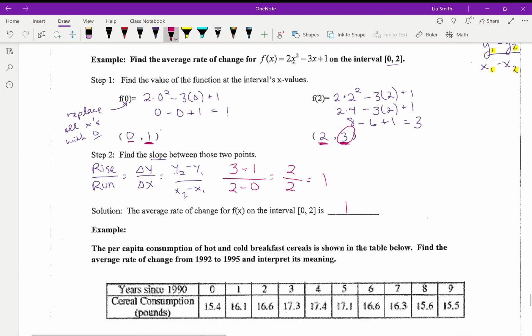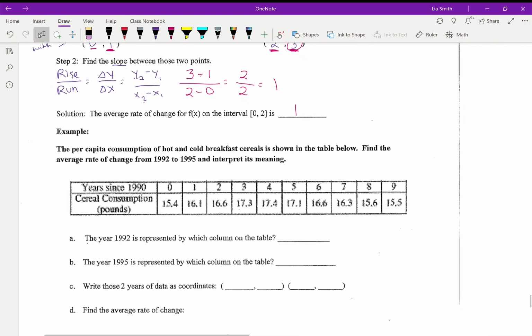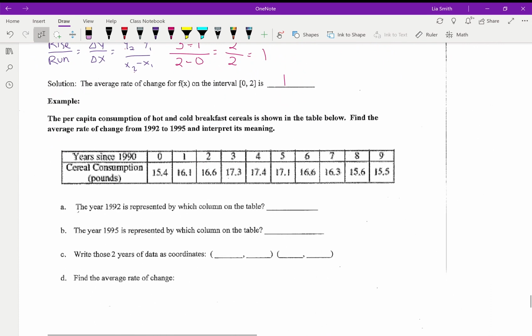Now you can do this from just functions like I just showed you there, or you can do it from a table. So here's an example of a table. We are comparing per capita consumption of hot and cold cereals based off of the year. And we are specifically looking for the average rate of change from 1992 to 1995.